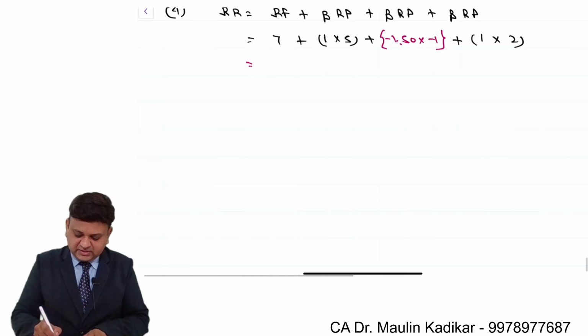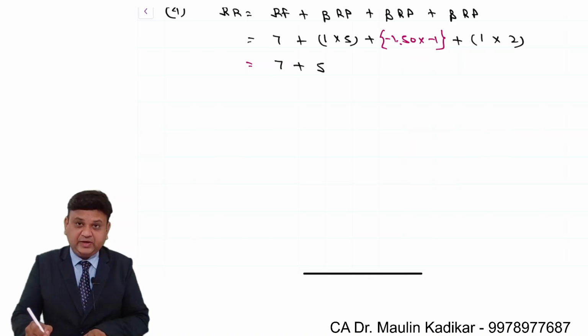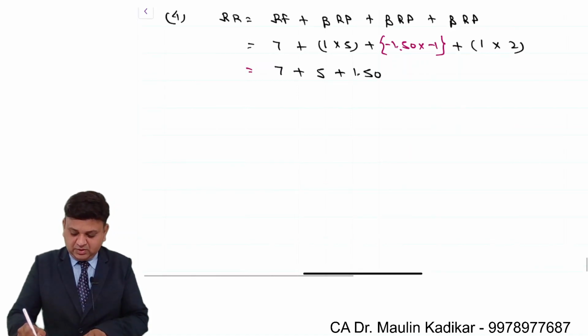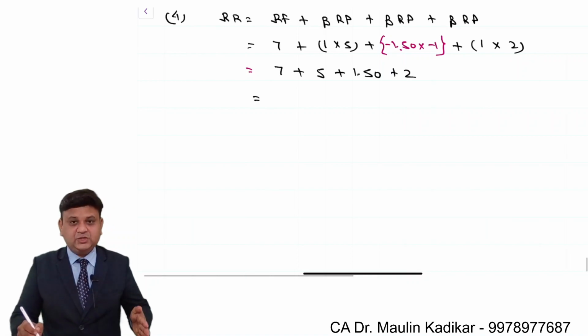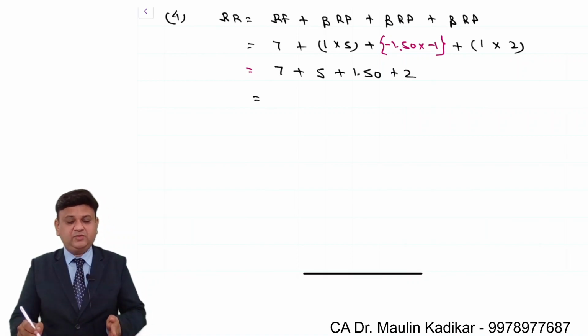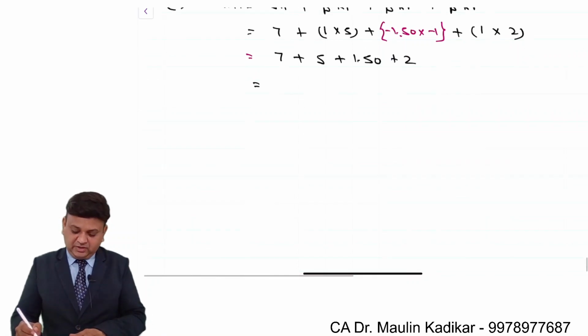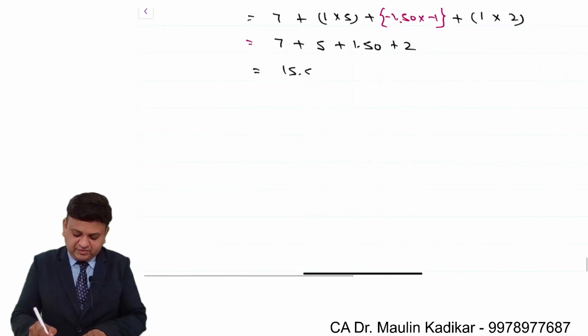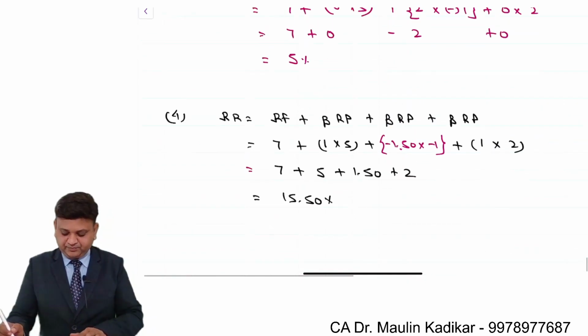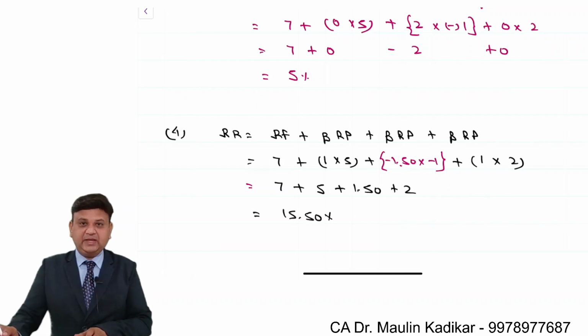So it is 7 plus 5 plus 1.5, because negative becomes positive, plus 2. So 7 plus 5 is 12, 12 plus 2 is 14, 14 plus 1.5 is 15.5%. That is the way we compute a required rate of return.